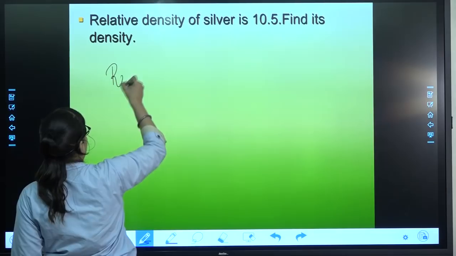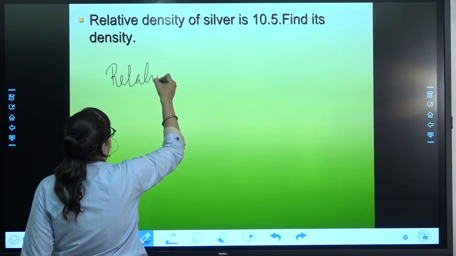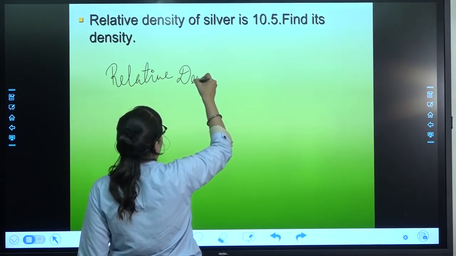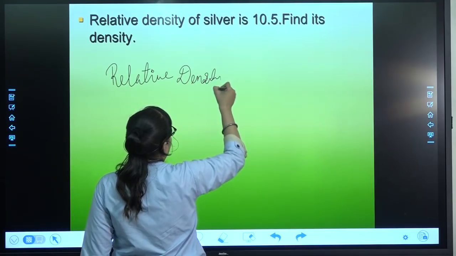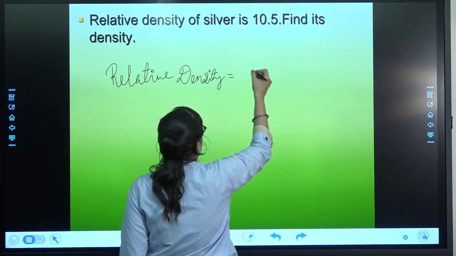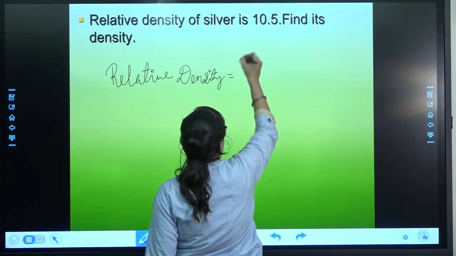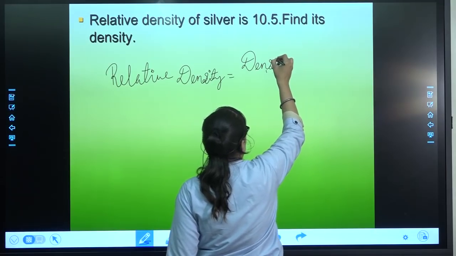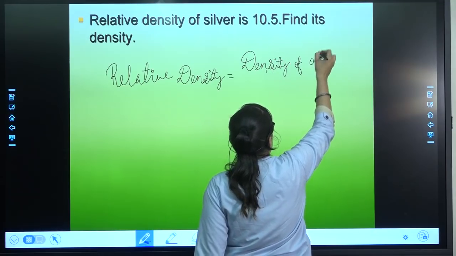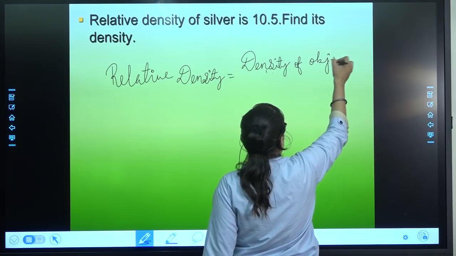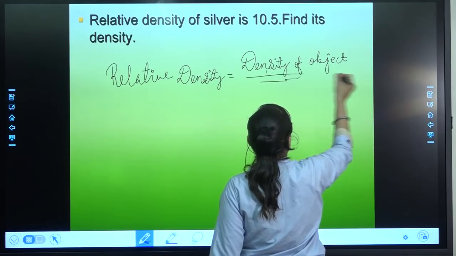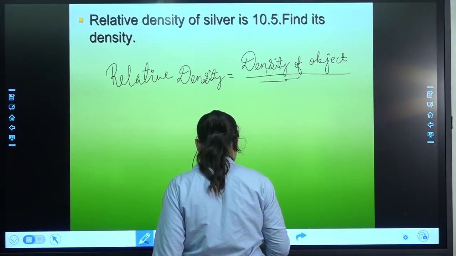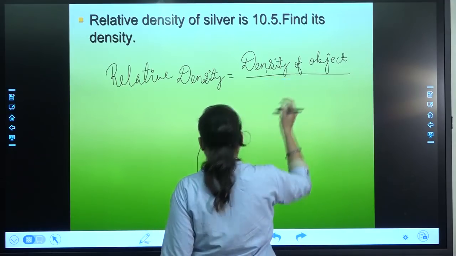Relative density is equal to density of object upon density of water.